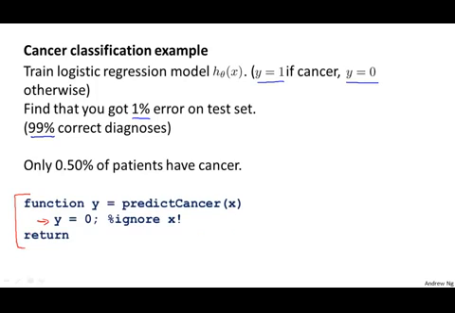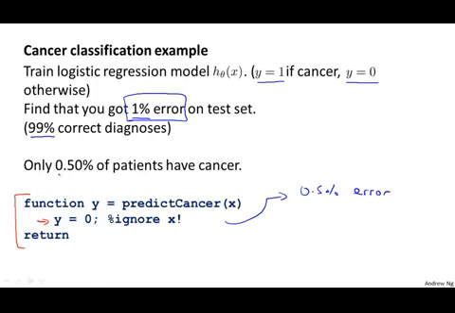It just sets y equals 0 and it always predicts nobody has cancer. And this algorithm would actually get 0.5% error. So this is even better than the 1% error that we're getting just now. And this is a non-learning algorithm that's just predicting y equals 0 all the time.